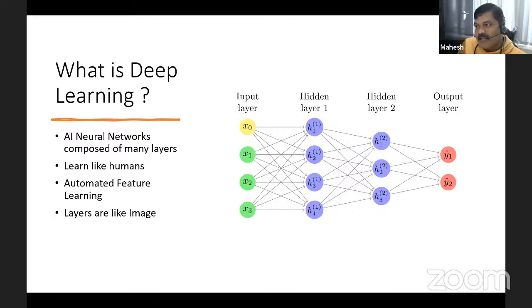In the human brain there is a neuron, and the neuron collects information from the dendrites. That information is collected at the cell body, and if the sum of the voltage received from various dendrites is above some threshold, then the neuron will fire. This is the idea.